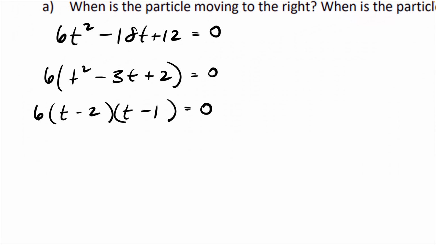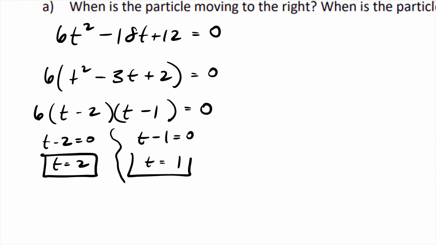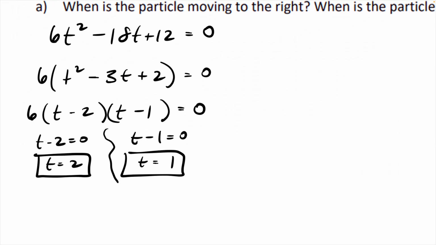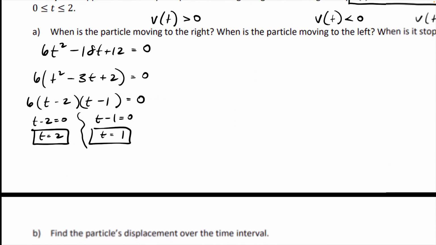So then you set those equal to 0, right? t minus 2 equals 0, t minus 1 equals 0, and you get t equals 2 and t equals 1, right? So what does that tell us? When it moved to the right, moves to the left, or stopped?